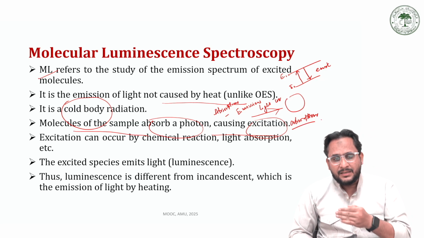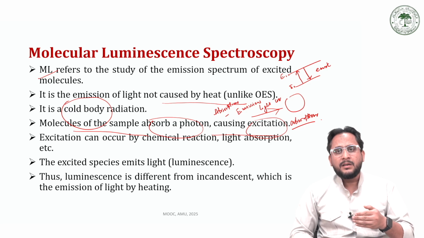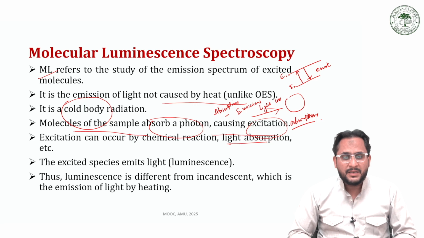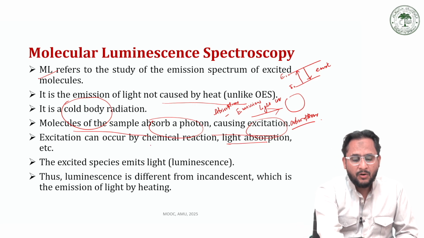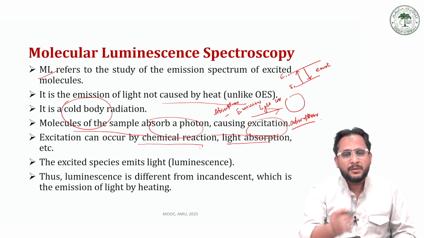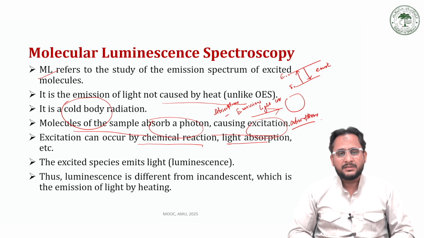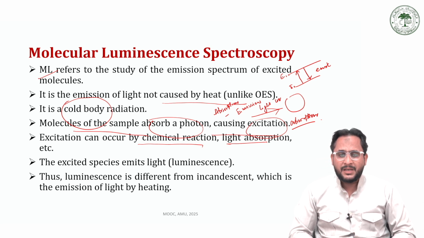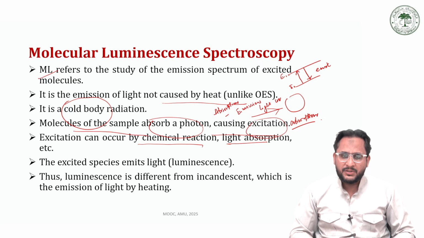Sometimes this excitation can also occur by a chemical reaction if light absorption is not taking place. In some cases we have excitation of electrons due to chemical reaction only, based on its chemical energy. In that case also we see some light radiation coming out from a sample. That particular type of emission is called chemiluminescence, which we'll discuss later.